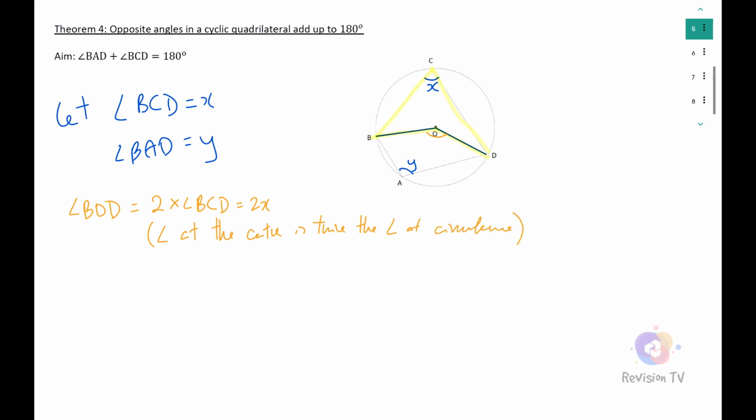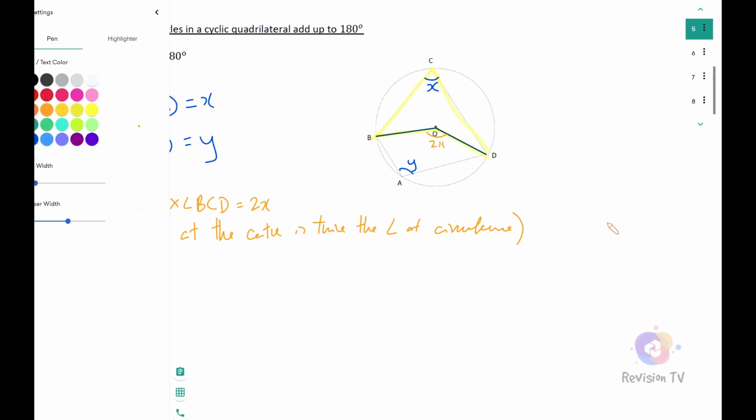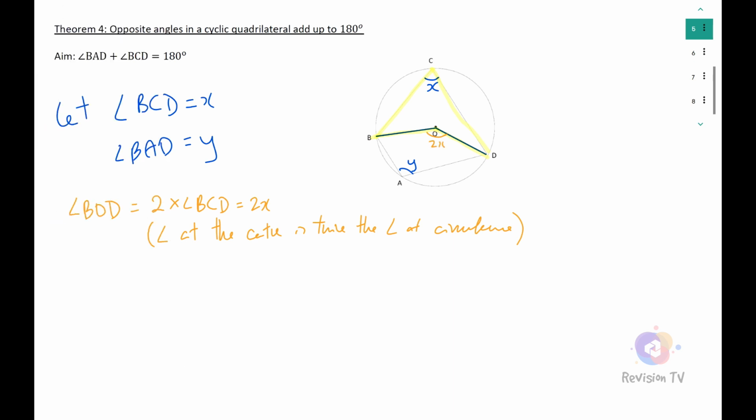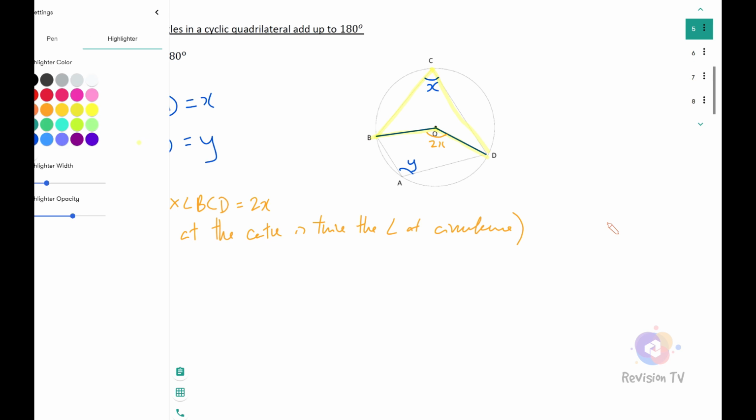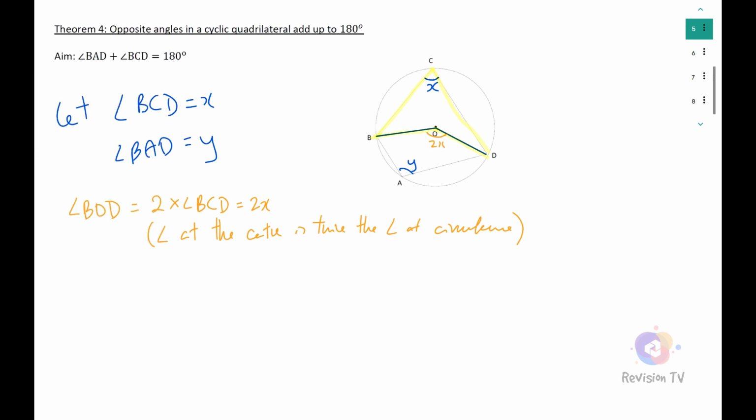Right? So that's 2x. We apply the same trick, but this time to the other end, using the y end. If we think about the y end, same thing in here. You can see the arrowhead, but this time it's a reverse arrowhead. We can see that if that's y, this will be 2y. But now, how do you label that as 2y? Because it's not the same BOD as in here.